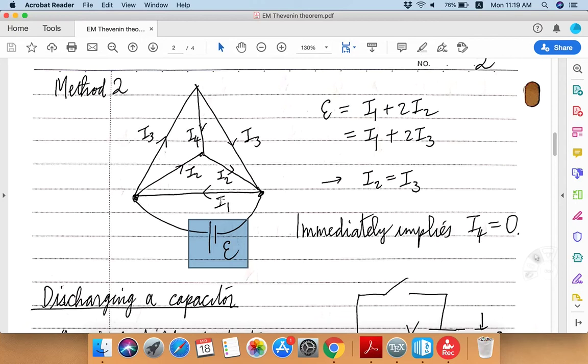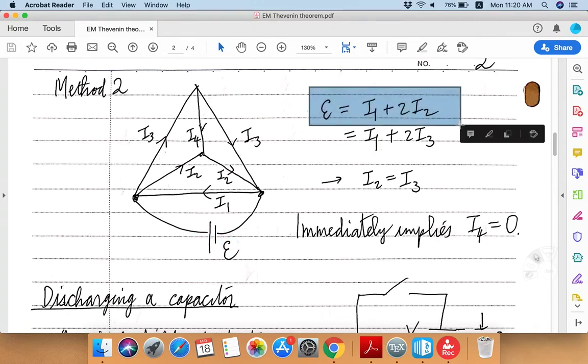Okay, and then the Kirchhoff relation would read as follows: that the EMF must equal these I1 times R, but I have taken R to be 1 for simplicity.